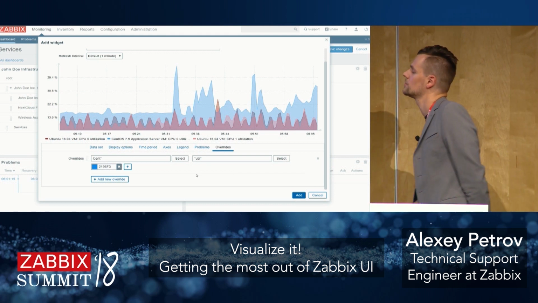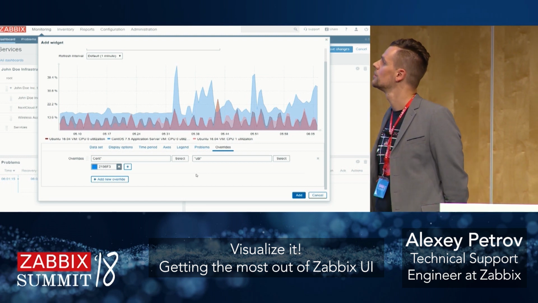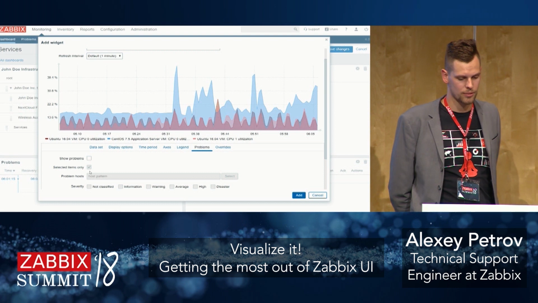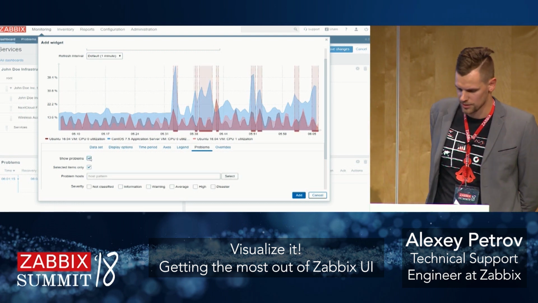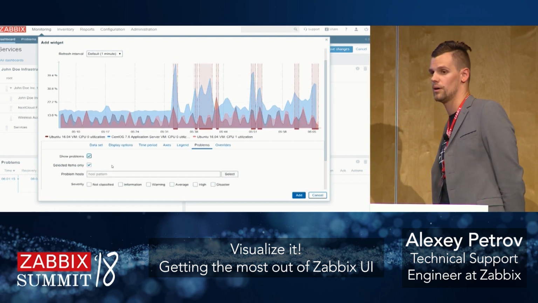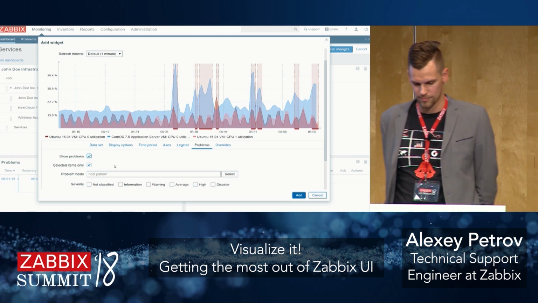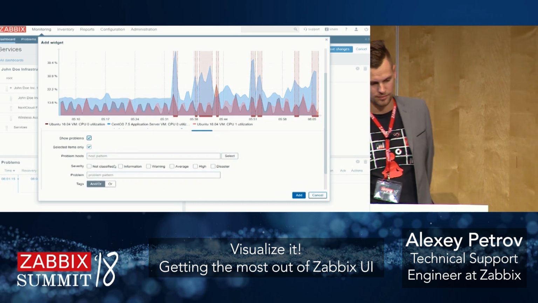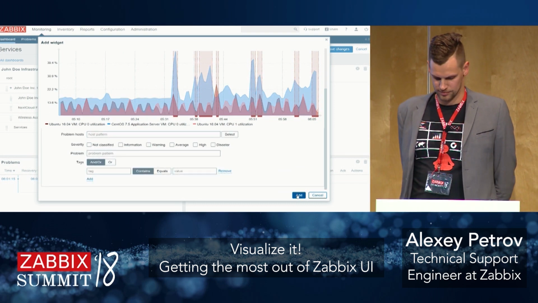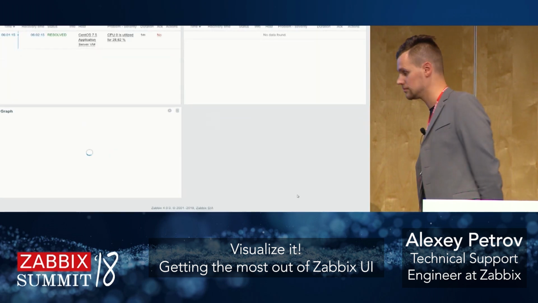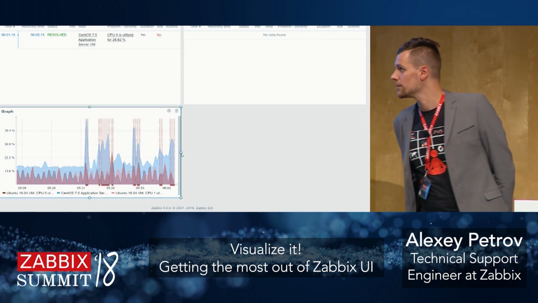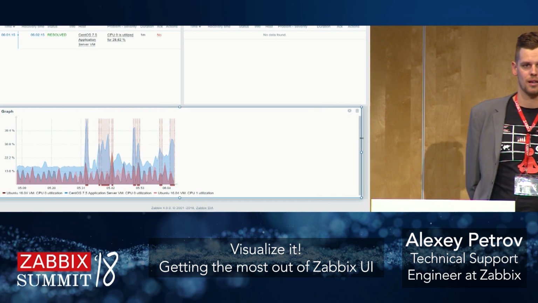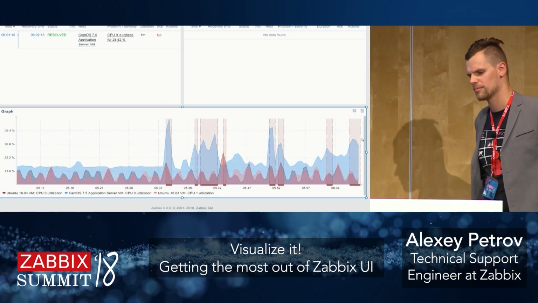And this should be really fine. I would like to add some problems there as well, but only this selected, so I am aware of those problems in the graph widget. And make it bigger. Because I like the cool graphs to be big.